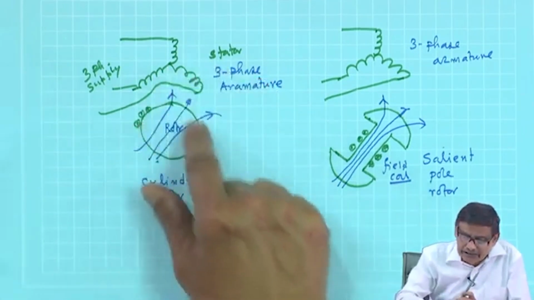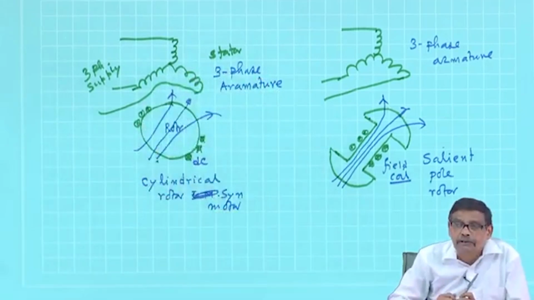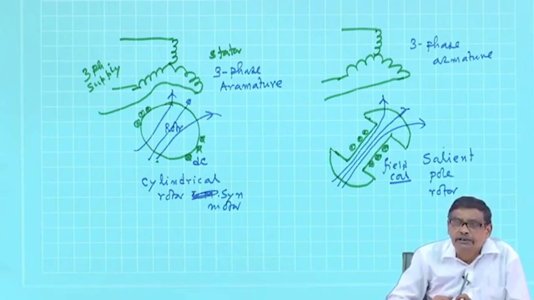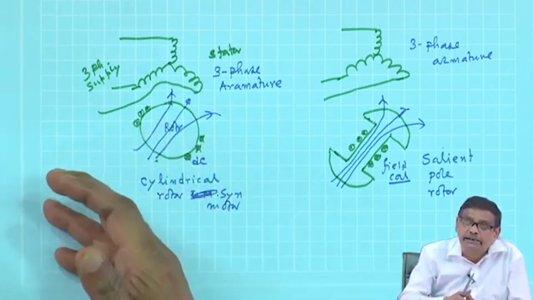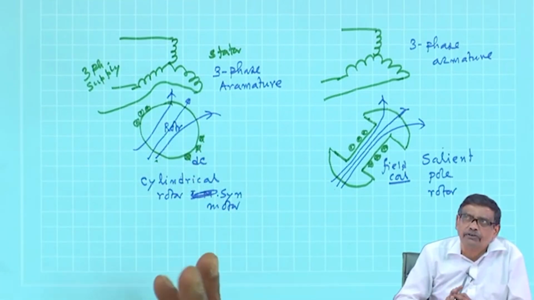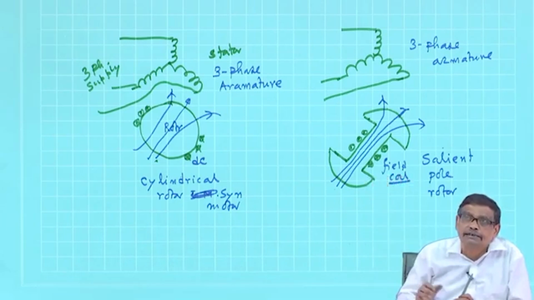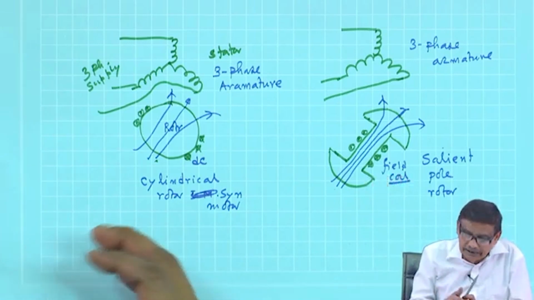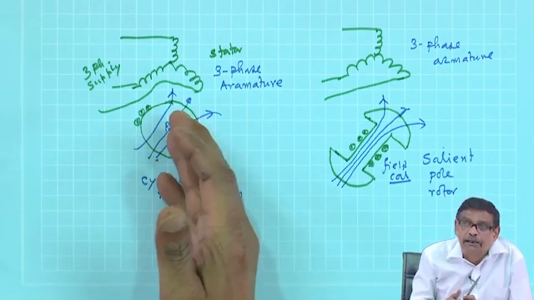This is also called exciting coil or field coil. You require DC supply. In the power station, there will be batteries. Or one may think that okay, in the power station AC is there from the lines, I will convert it to DC and give supply here.